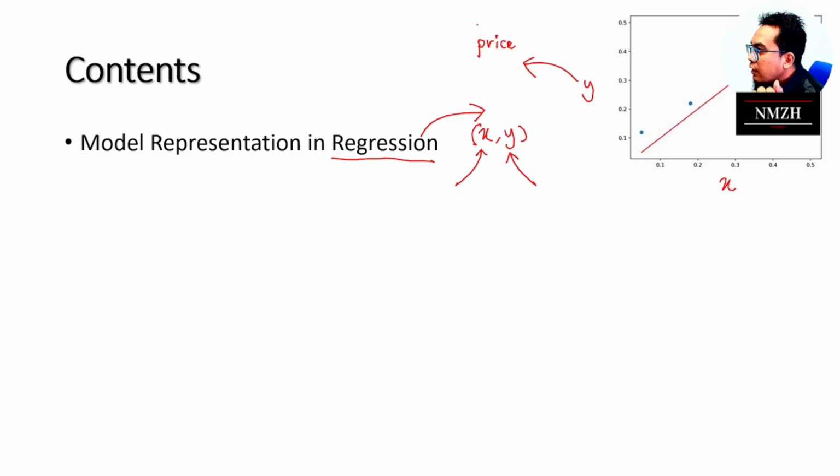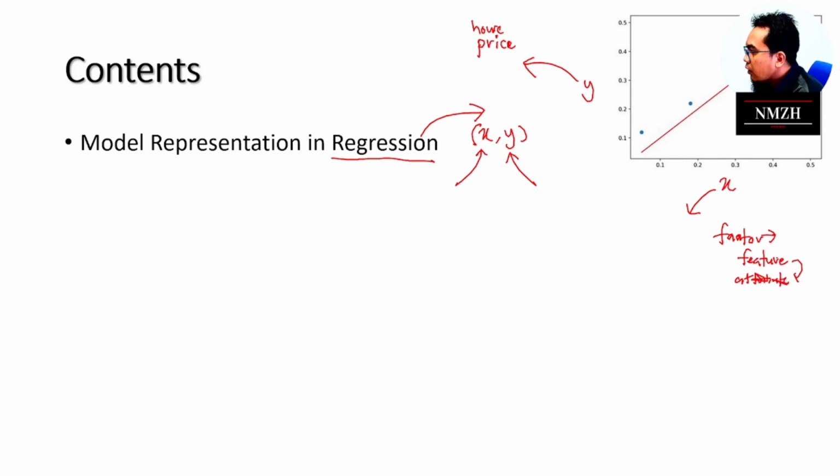Price? House pricing example. Okay, so what is x over here? In order to predict the price, we require factors, right? That is the layman term. In machine learning, we call it a feature or attribute.